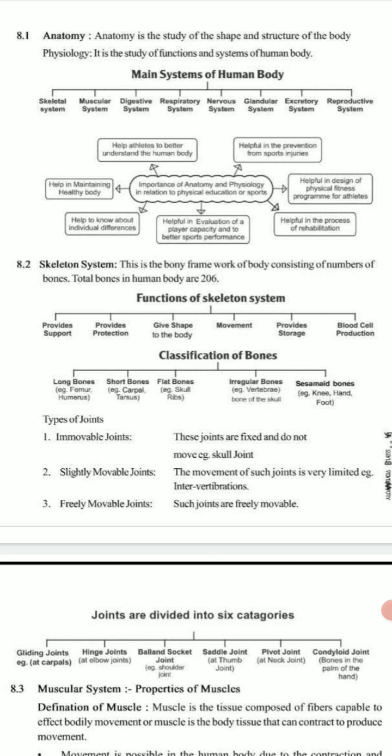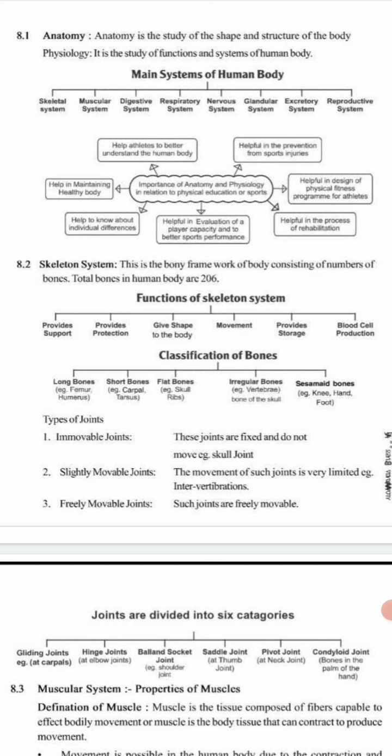How many bones are in the human body? A total of 206 bones. And next, the functions of the skeletal system: provides support, provides protection, gives shape to the body, movement, provides storage, and blood cell production. So these are some functions of the skeletal system.